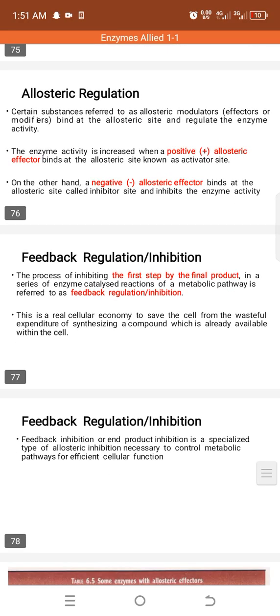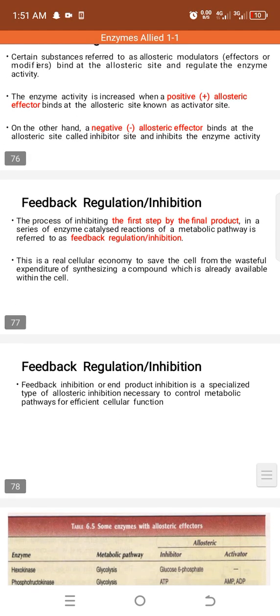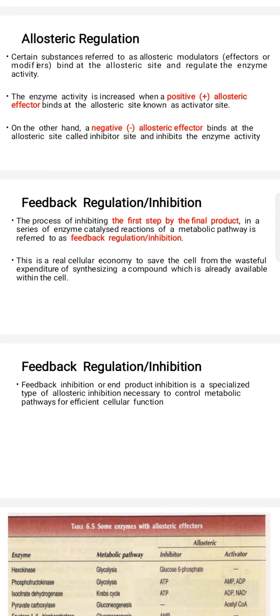The next one is feedback regulation or inhibition. The process of inhibiting the first step by the final product in a series of enzyme-catalyzed reactions of a metabolic pathway is referred to as feedback regulation or inhibition.